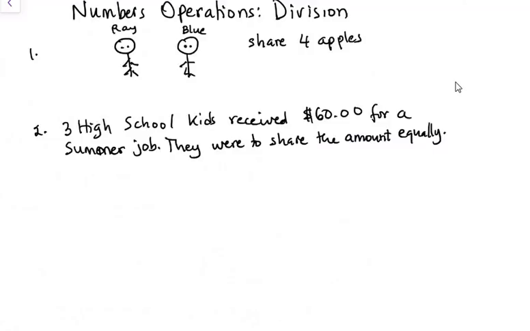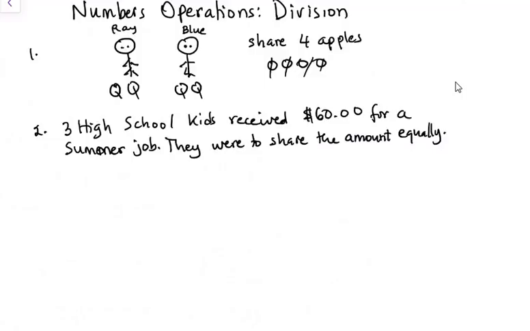Now you'll be thinking, how would they share this equally? In your mind, you're thinking division. How do we divide this? So for Ray and Blue, each of them has to take 1 apple, and then another apple and another apple from a pool of 4 apples, and that way they share the apples equally.